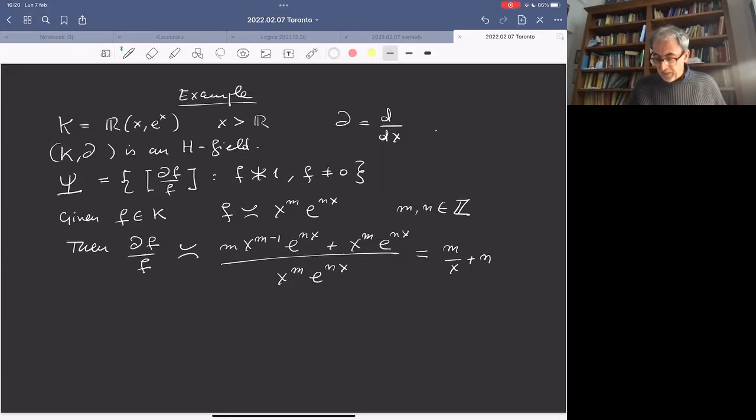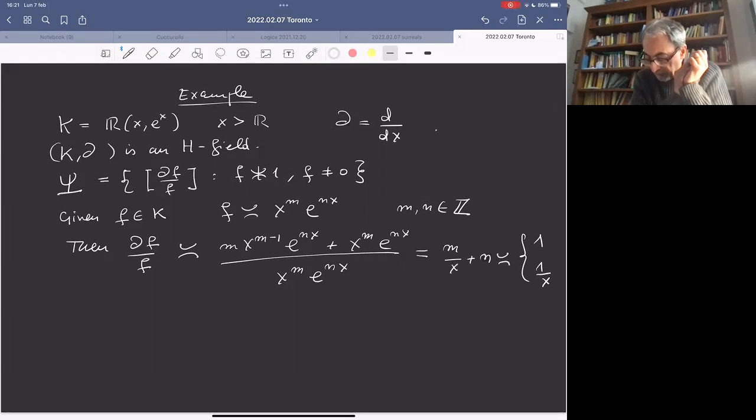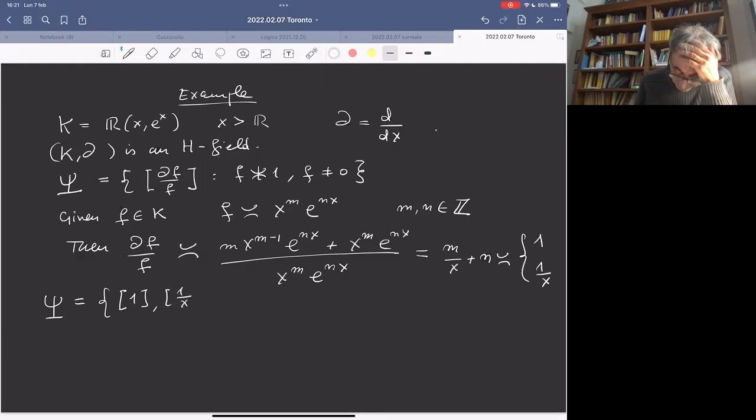Depending on whether n or m are 0 or non-zero, this is equivalent either to 1 or to 1/x. If n is different from 0, it's equivalent to 1. If n is equal to 0, it's equivalent to 1/x. So this means that the psi set has just two Archimedean classes, the class of 1 and the class of 1/x. So it has an infimum. The infimum of the psi set is 1/x, because 1/x is smaller than 1.